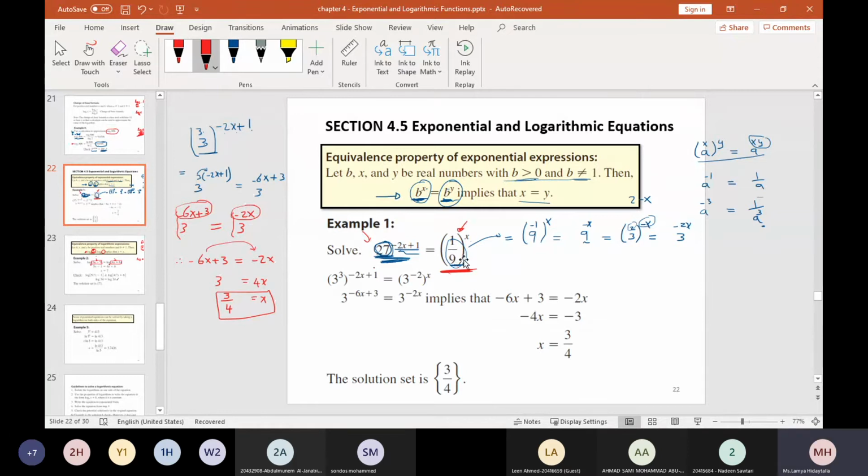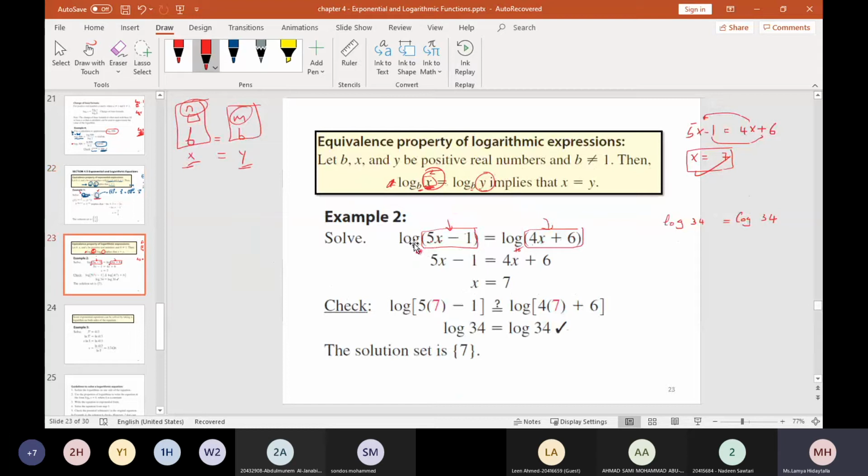If I have exponential functions on the left and the right, first we try to write them with the same base if it's possible, and then I can manage solving. Because if it becomes the same base, this one is equal to that one, and then I can solve to get the value of x.